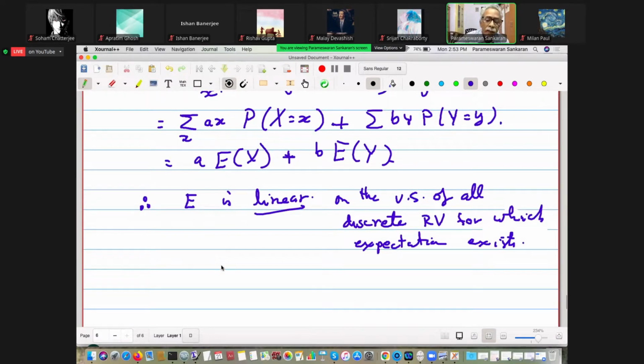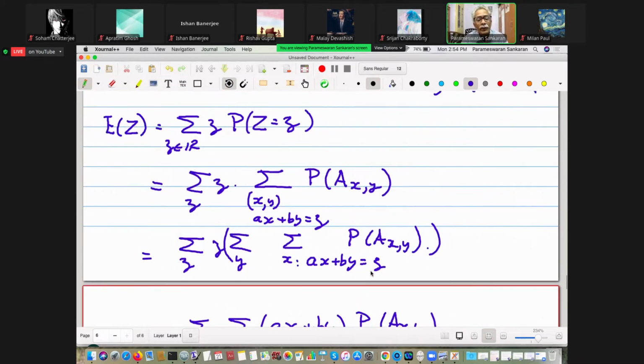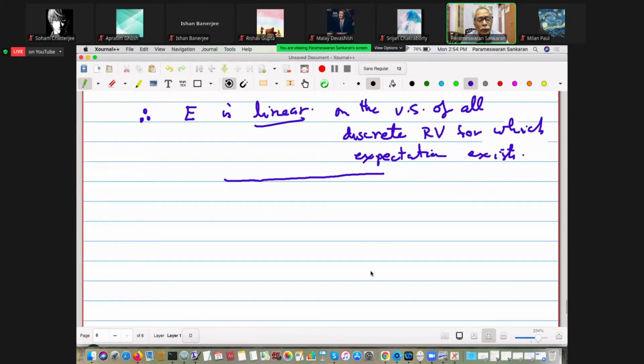Why is it that this is significant? Of course, it will be used several times in various considerations, but why is it an important thing? You see, it turns out you developed probability theory starting with the function P. Instead, you can recapture your P in terms of E. This is because of the following.